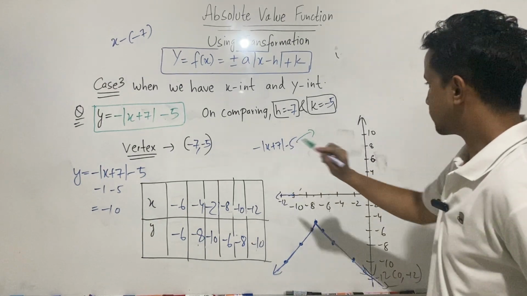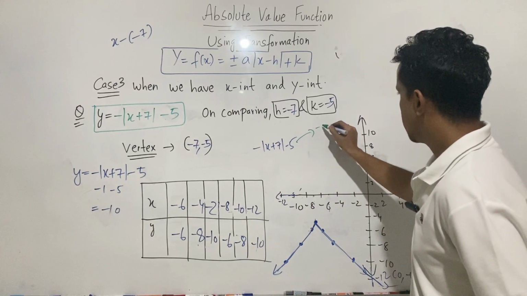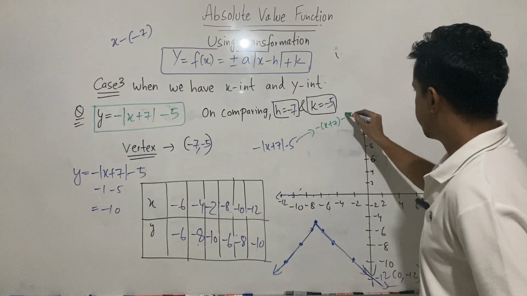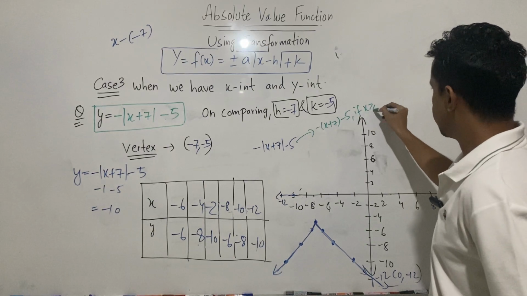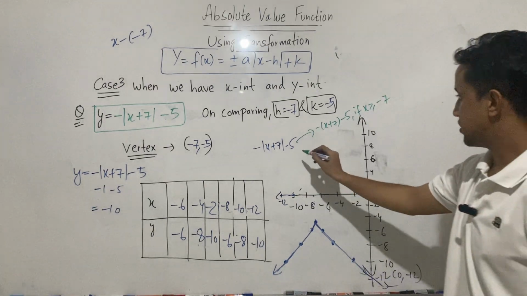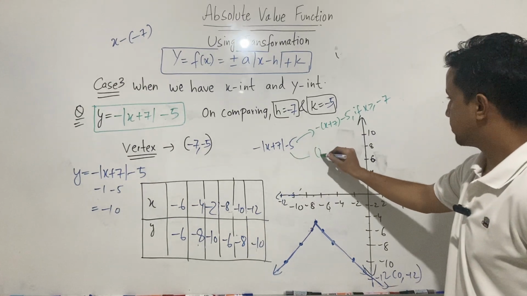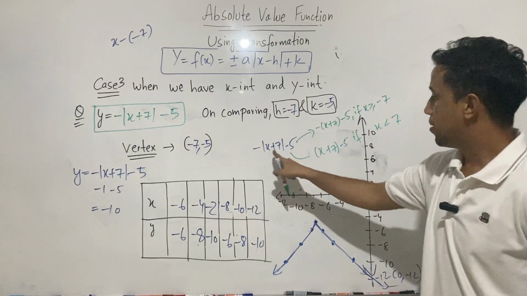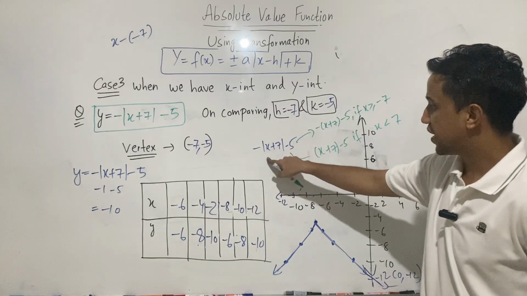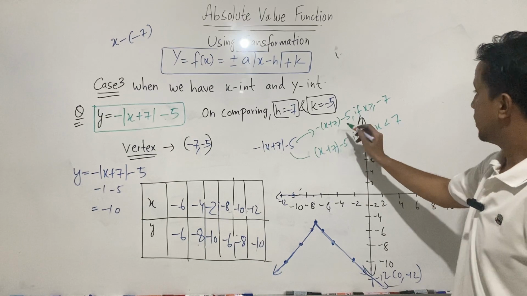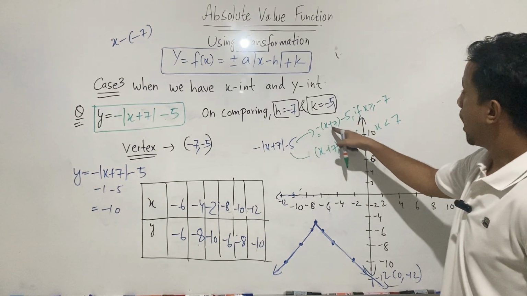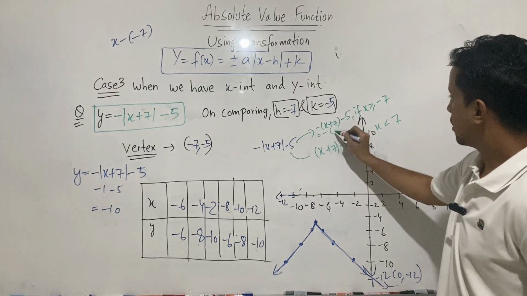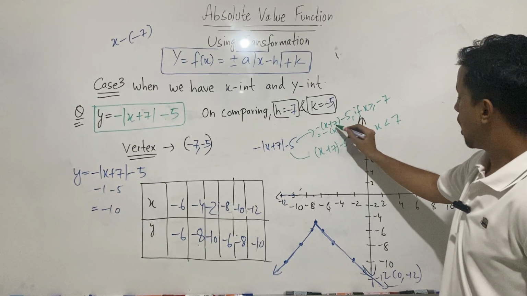The value would be minus of x plus 7, minus 5 if x is greater than or equal to negative 7, and it will be x plus 7 minus 5 if x is less than negative 7. Why? Because negative of the modulus, when the expression inside is negative, the negatives cancel out.